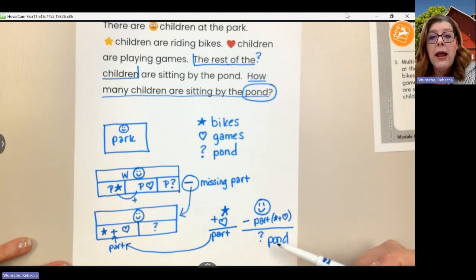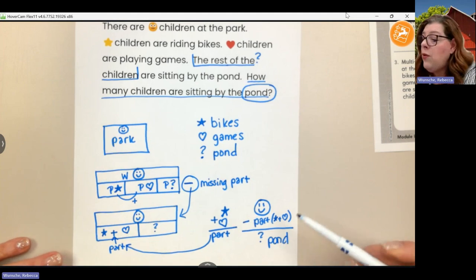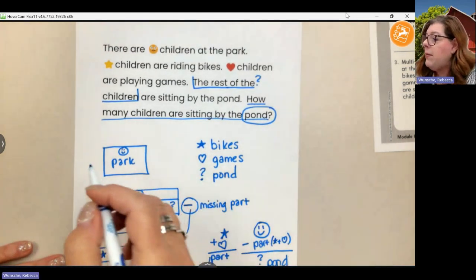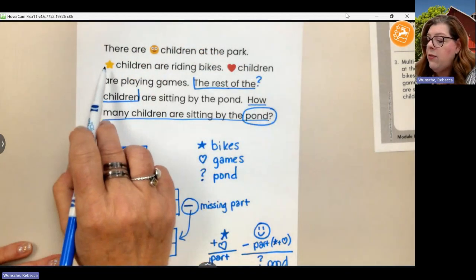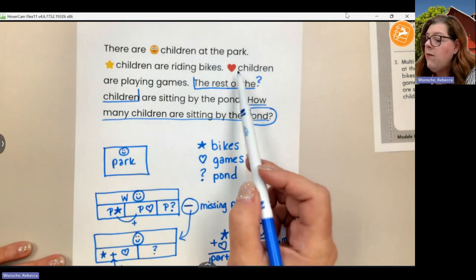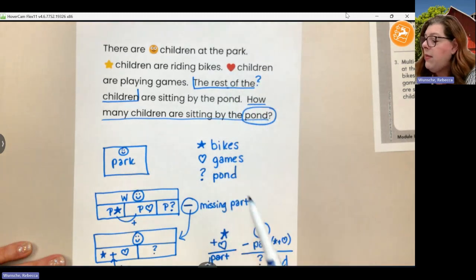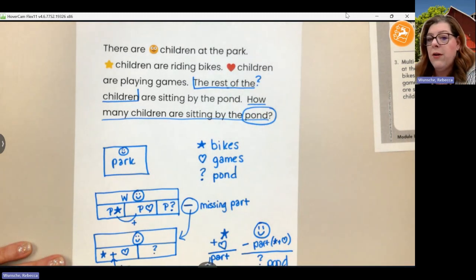Now you can go back and plug in some numbers. So now I could go back and plug in my numbers for my star children that are riding bikes, for my heart children that are playing games, and I could still solve for my question mark.